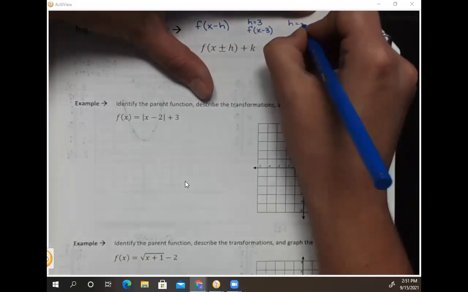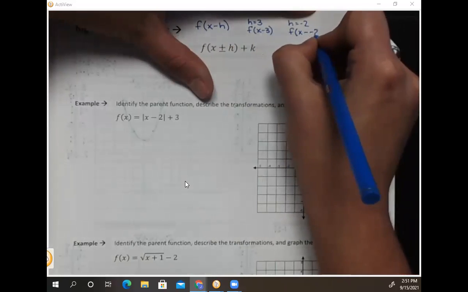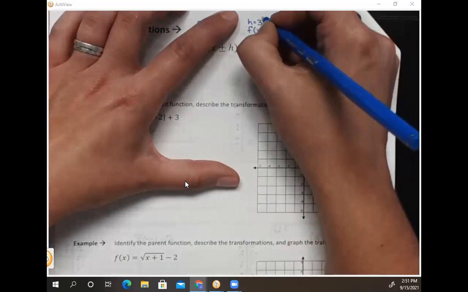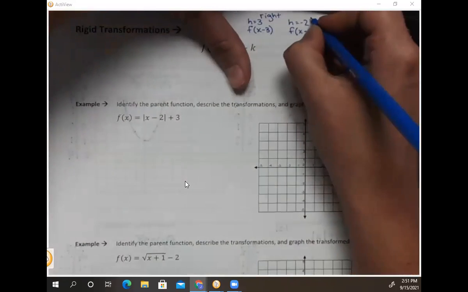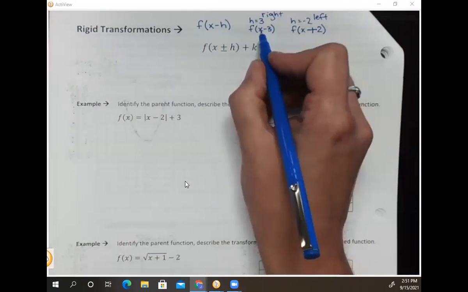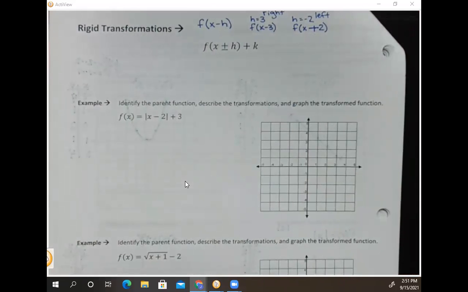When our h was negative, if I were to plug that in, that would be minus a negative, which would be plus. Remember, when h was positive, that moved us to the right. And when h was negative, that moved us to the left. Okay, but I got kind of the opposite thing going on in parentheses here. Okay, that's the only tricky part about today, is that on the left-right movements, my sign is kind of opposite of what I might intuit or what I might expect. Everything else is pretty straightforward.